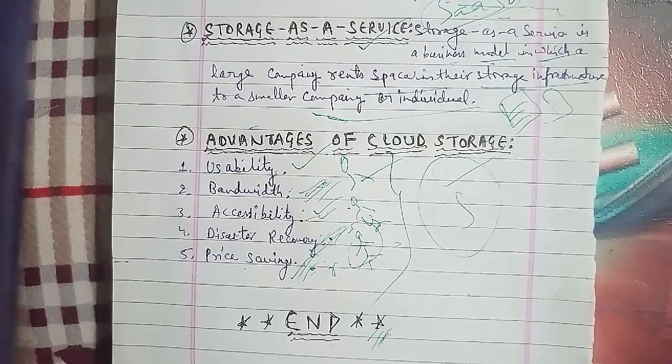Then we discussed infrastructure as a service. There are five advantages of infrastructure as a service: cost saving, flexibility, utility services, dynamic scaling, and multiple tenants. Then we discussed platform as a service and its advantages.